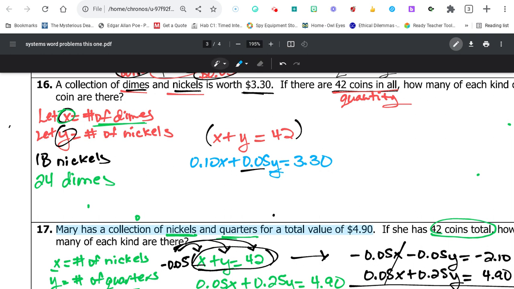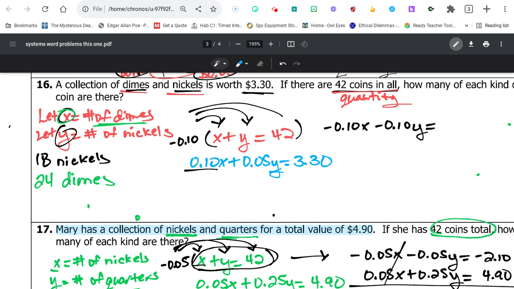So this y is a nickel again. Let's change it. Let's do the one with x. So instead of 10 cents, let's do negative 10 cents to make opposite coefficients. So negative 10 cents x, negative 10 cents y, and then here is going to be negative 4.2. And then just slide this over.